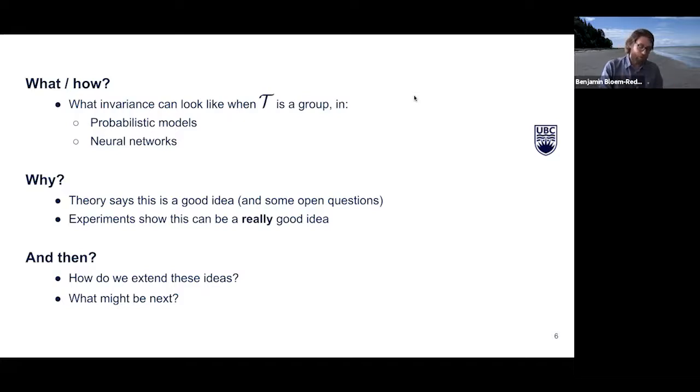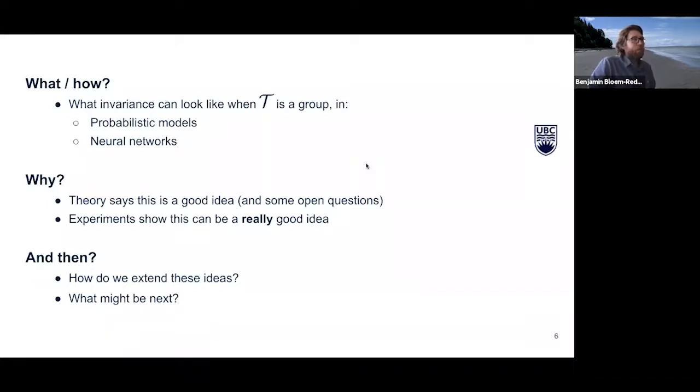We can generalize these in a few different directions to non-groups, but things are nicest when we're dealing with a group. And so this is what I'll be talking about primarily. Okay, so we can actually characterize what our models can look like when we want to enforce invariance or equivariance. Okay, and this begs the question of why we might want to do that, why we might jump through hoops to understand how we can do it.